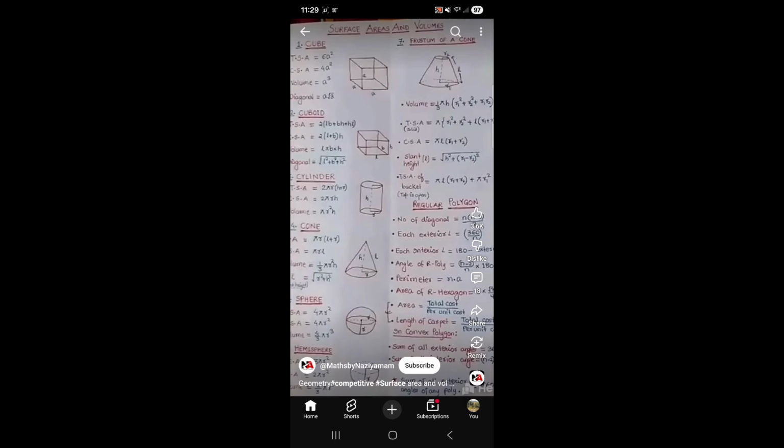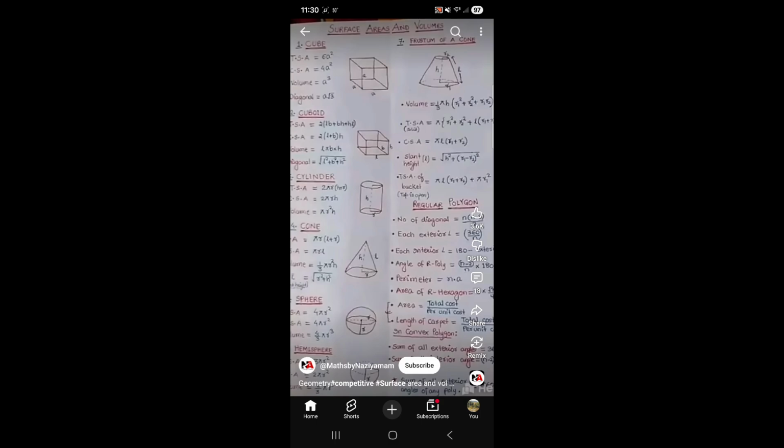The volume is LBH. And then the diagonal would be the square root of length squared plus b squared plus height squared.